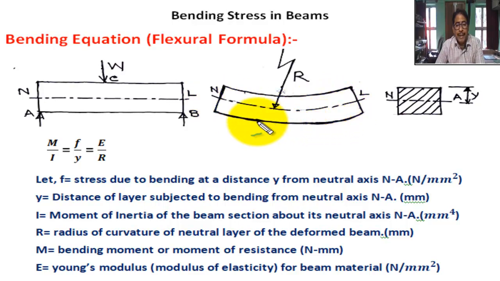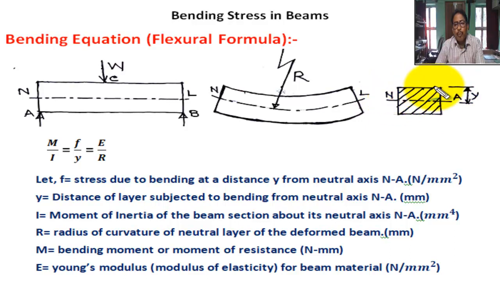The magnitude of bending stress is proportional to its distance from the neutral layer or neutral axis. In the upper portion, compressive stress increases gradually. At NA there is no stress.